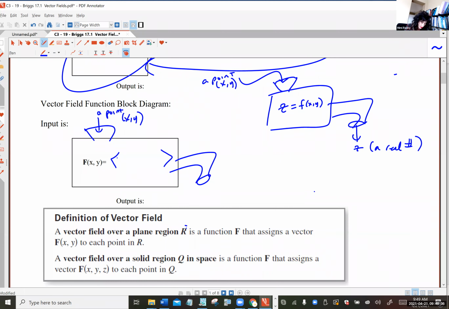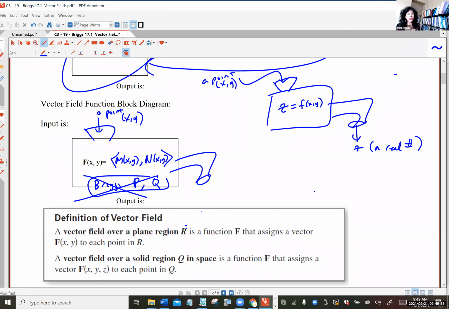You'll have a function here, I'm going to call it m, and it's a function of 2 variables, say x, y, and then comma, and then another function of 2 variables, say n. And I use m and n. Briggs uses p and q, or I don't know what Briggs uses. I don't even care, because Briggs is just wrong.